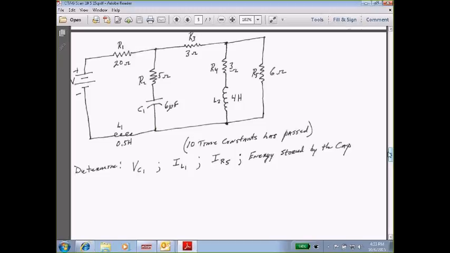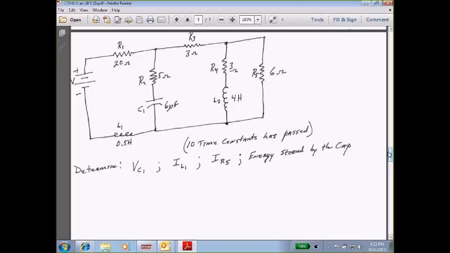So when I analyze a circuit like this and I'm at a steady state condition, everywhere there's an inductor, I just draw in a piece of wire, just a straight line. Okay? And everywhere there's a cap, I just put open circuit.